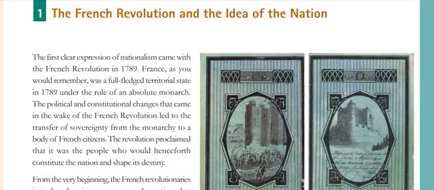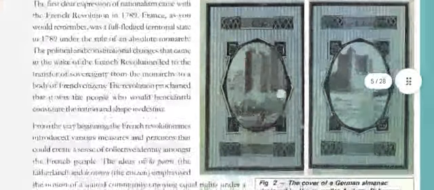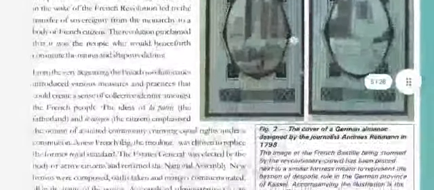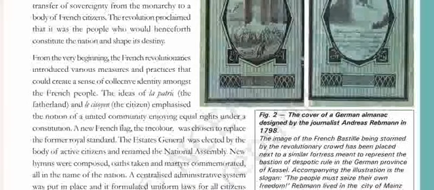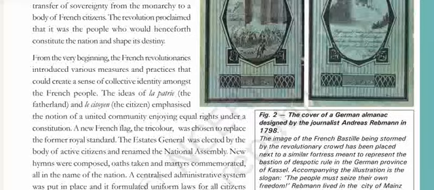From the very beginning, the French revolutionaries introduced various measures and practices that could create a sense of collective identity amongst the French people. The ideas of la patrie, the fatherland, and le citoyen, the citizen, emphasized the notion of a united community enjoying equal rights under a constitution.